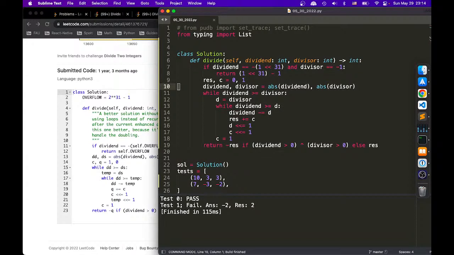Oopsie doozy. Wait, hold on. Do we need another? I don't think so. Interesting. Oh, shoot. I have to change these two. I see.